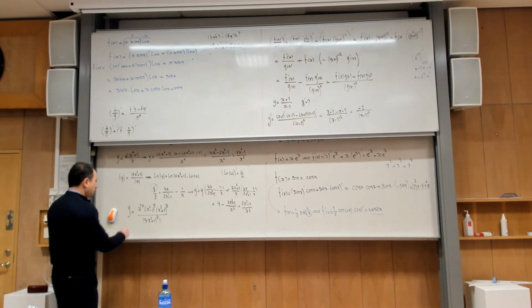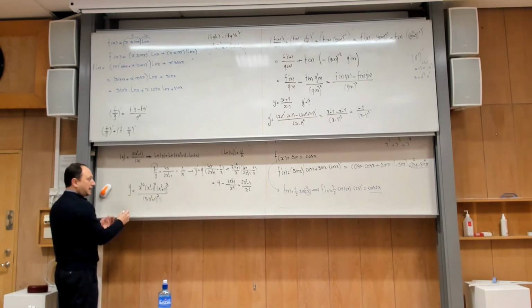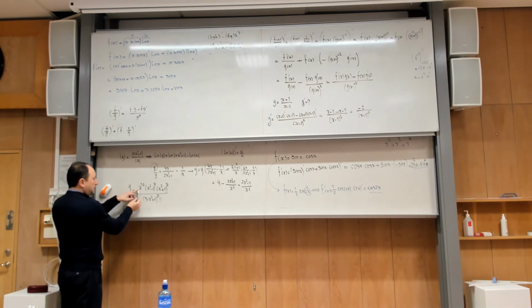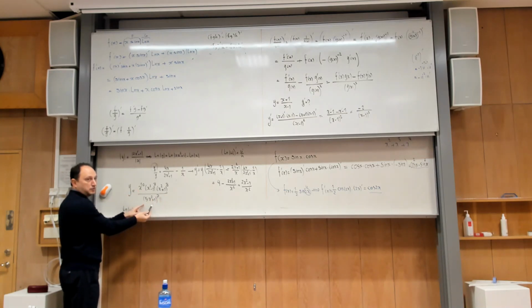How? Because what you do, you take absolute value, and then you take ln. But ln becomes very simple in this case, because this becomes a product, and this becomes a quotient. Ln of a quotient is the ln of the numerator minus the ln of the denominator.